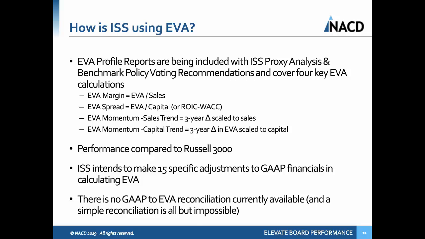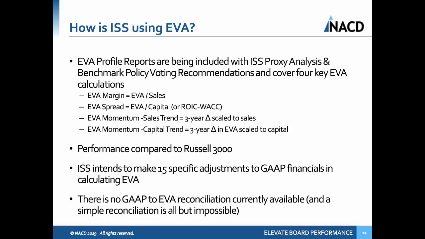When ISS does these calculations, they will make 15 specific adjustments to GAAP financials in calculating EVA, to put the reported results back on an economic basis. We're all used to seeing the generic earnings reports that companies issue, which provide a reconciliation of GAAP results to non-GAAP data.